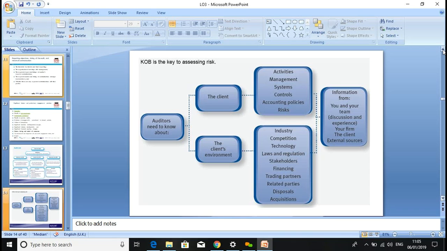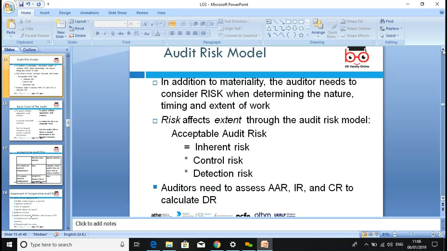Activities, management, systems, control, accounting policies, risk, industry, competition, technology, laws, regulations, stakeholder financing. So you are supposed to be good at information: information from you and your team, discussion, experience. So all this we need to develop our audit risk.